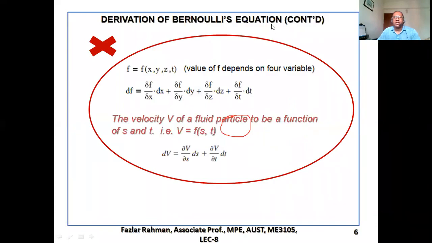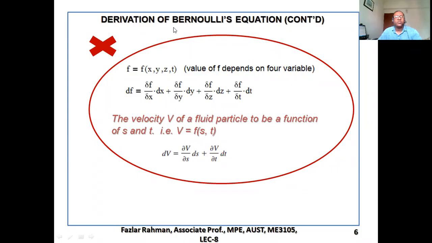And right over here, you can skip this one, but I will just show you the formula. You see, f is a function of x, y, z, and t. How do we figure out df? df equal to del f by del x into dx, plus del f by del y into dy, and so on. Similarly, the velocity of the fluid particle is a function of s and t.